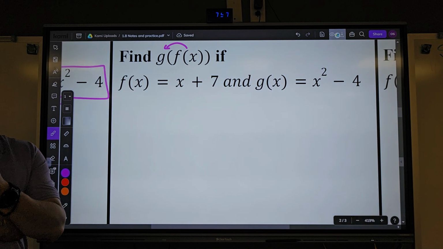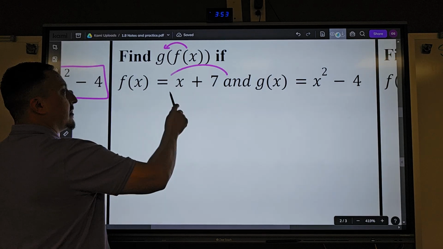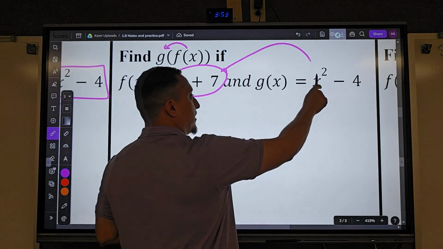Like I said, it's not hard, just neat. Okay, so here we go. F is this, and F is going to go inside of there.